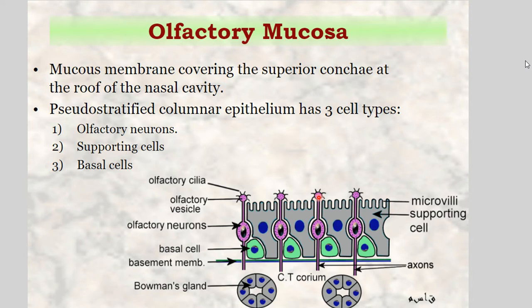Then we have the sustentacular cells, which are tall columnar cells, relatively broad at their apices and tapering basally.